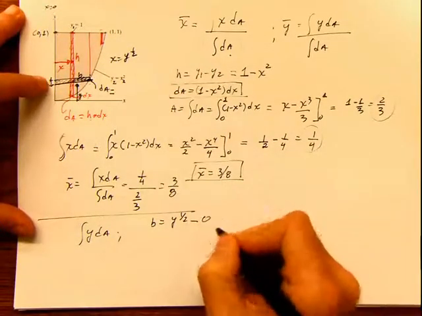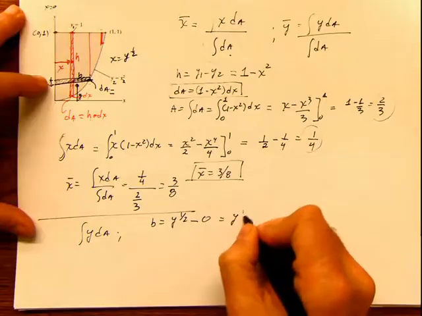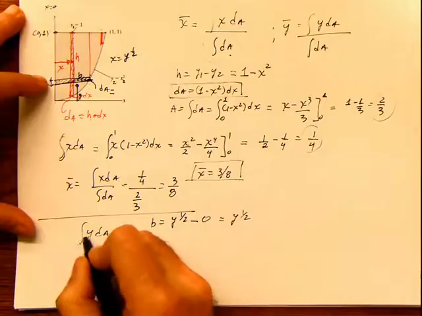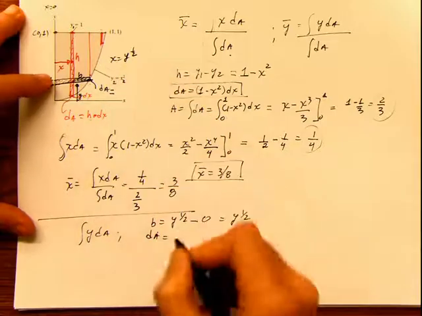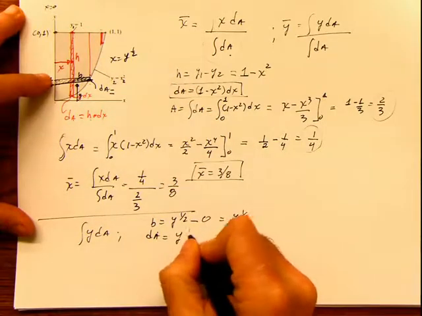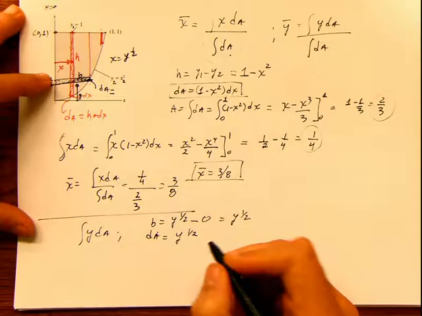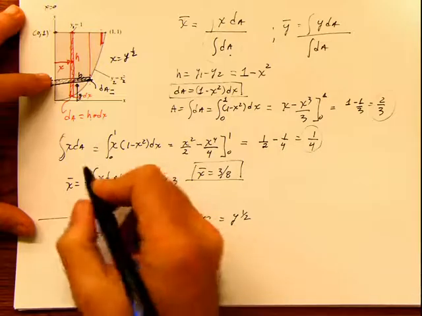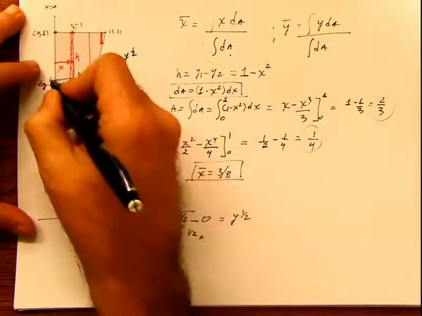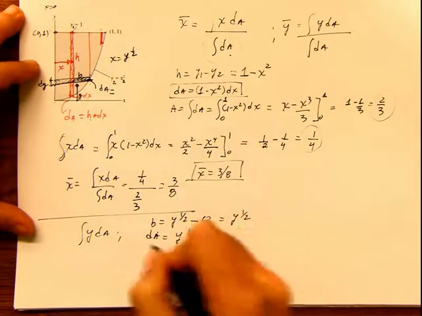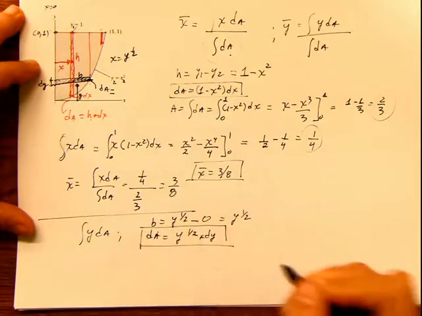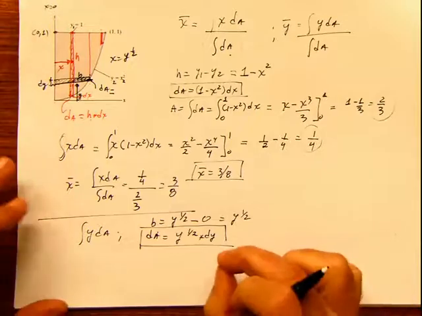So minus 0, or just 1 to the 1/2. So my differential of area then is going to be that distance that I call b, which is y to the 1/2, multiplied by this distance, which is called dy. That's my dA if I use the new dA.